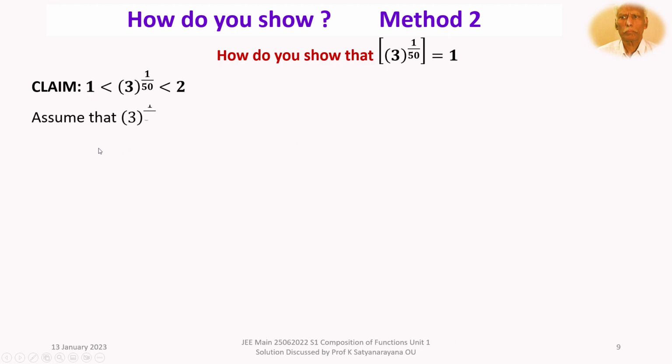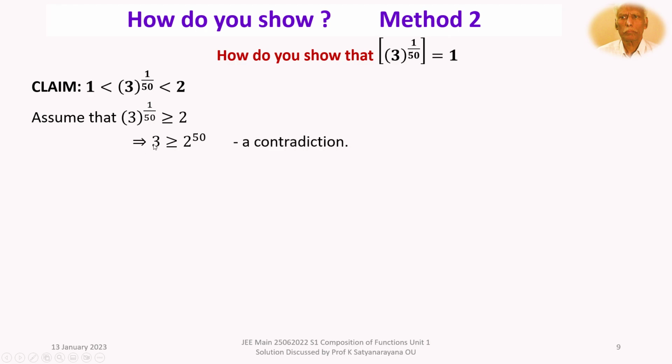So now, to prove 3 power 1 by 50 less than 2, you assume the contrary. That is, assume that 3 power 1 by 50 is greater than or equal to 2. Now raise to the power of 50 on both sides.